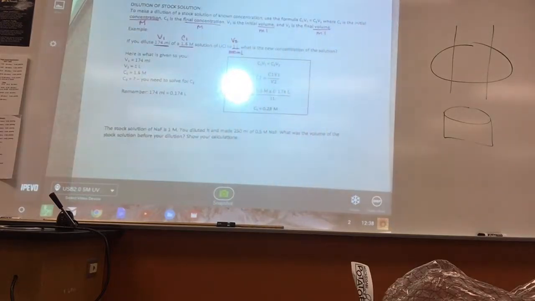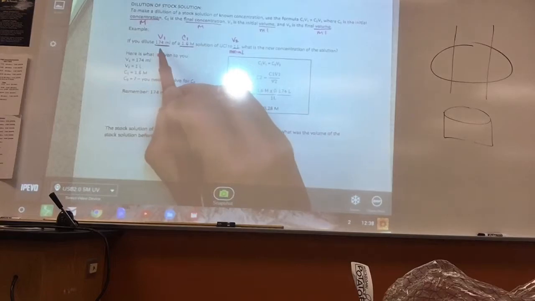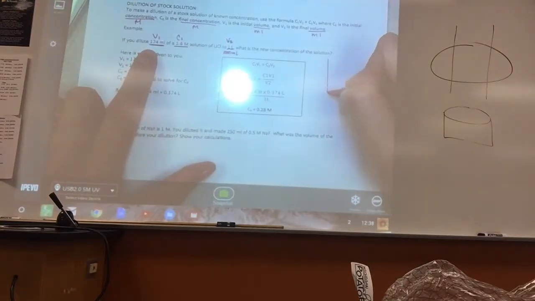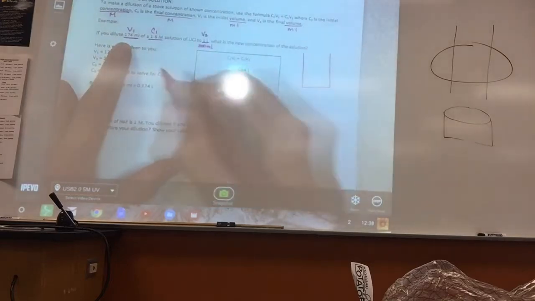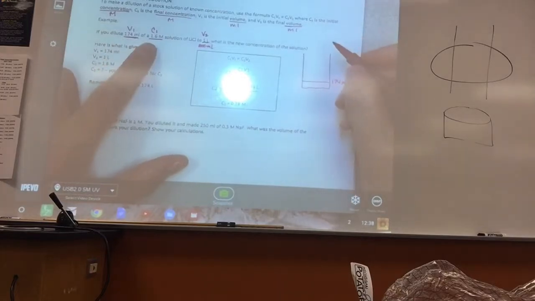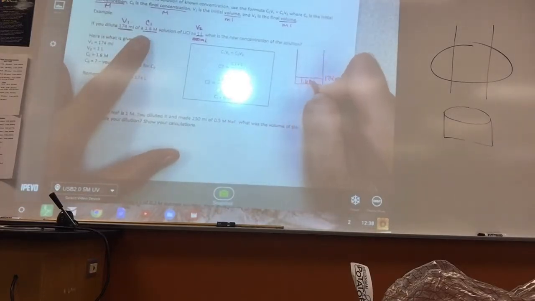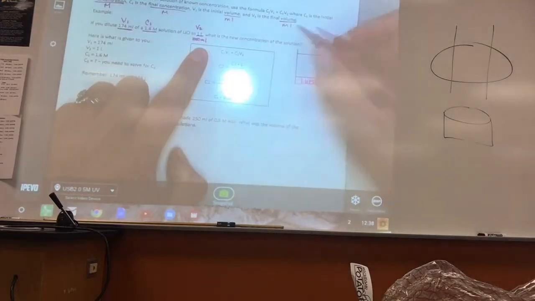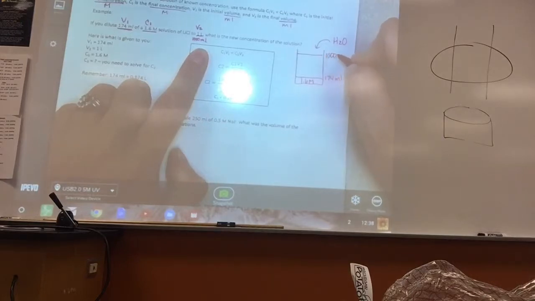I want 1,000 milliliters. And it's asking, if I dilute that, so what does that mean? What that means is if I took 174 milliliters, all right, of a 1.6 molar solution, and I dilute it, so I'm adding in water to bring it up to my final volume, which is 1,000 milliliters.